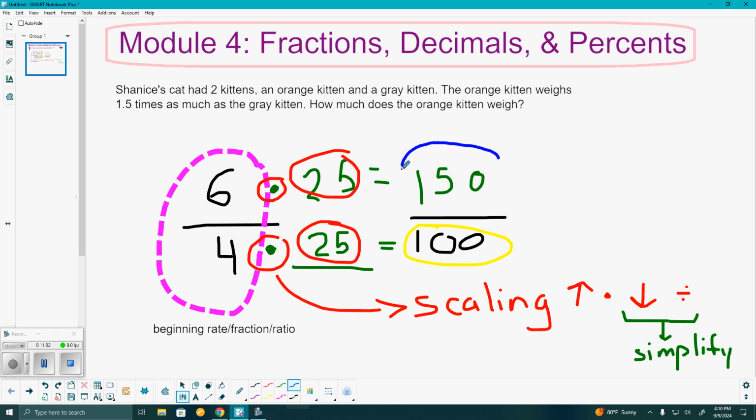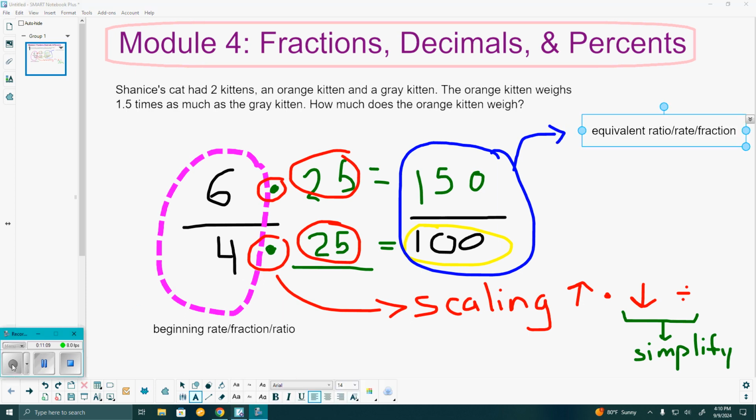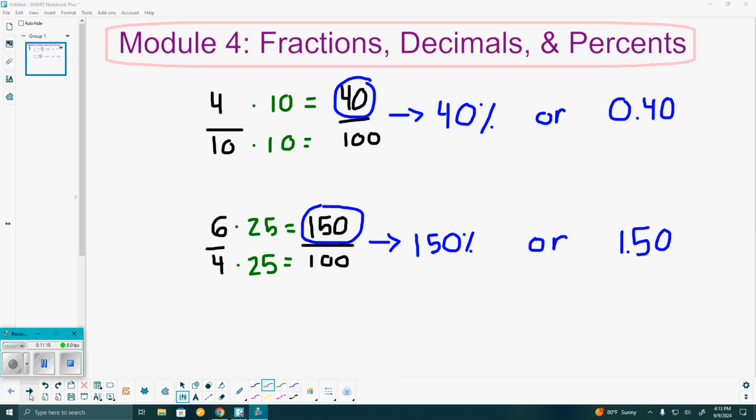Any answer that you get when you scale up or down is what is known as an equivalent ratio, equivalent rate, or equivalent fraction. So to summarize, you have a starting rate, ratio, or fraction. You scale or multiply to get your equivalent rate.